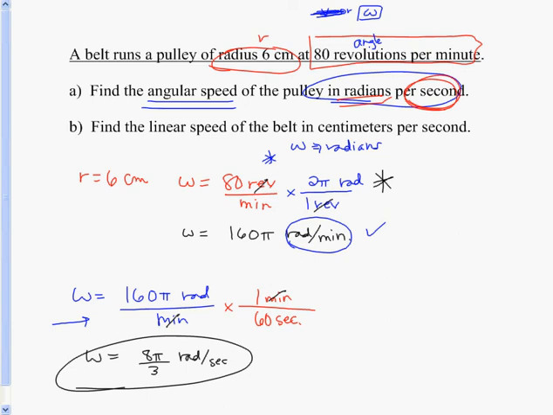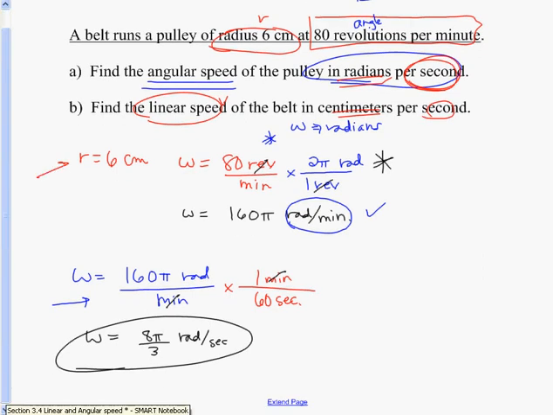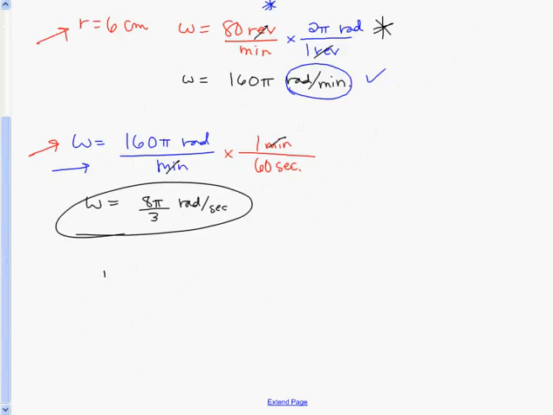Now, the second part asks you to find linear speed. That's V. And they want it in centimeters per second. So, I have the radius. I have the angular speed. What I know for part B is that linear speed is radius times angular speed.